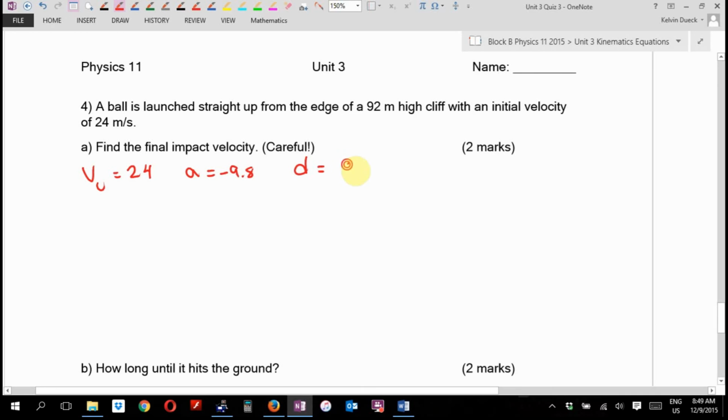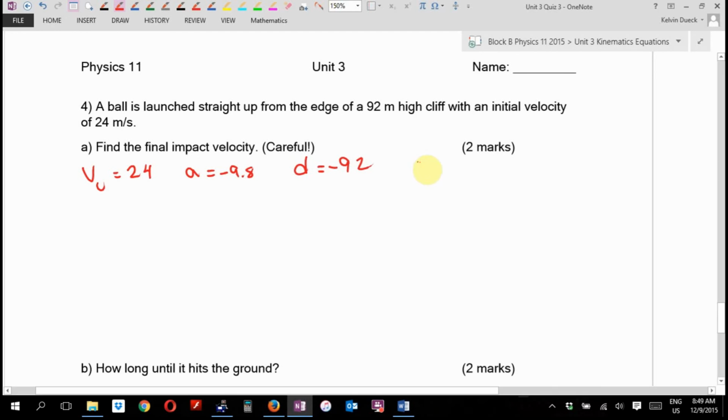Look up. That's wrong. Why is that wrong? I have to do that. I'm ending up below from where I started.